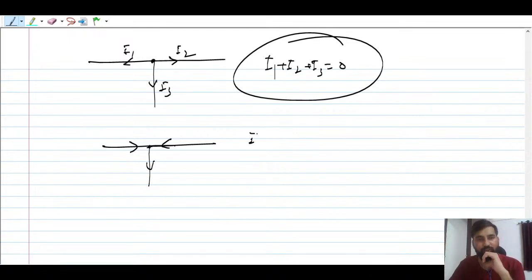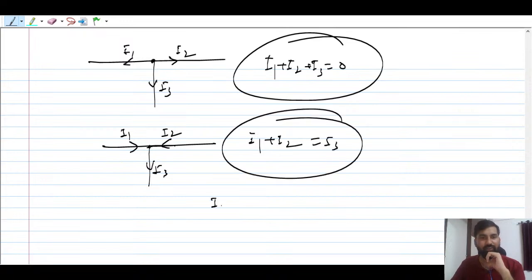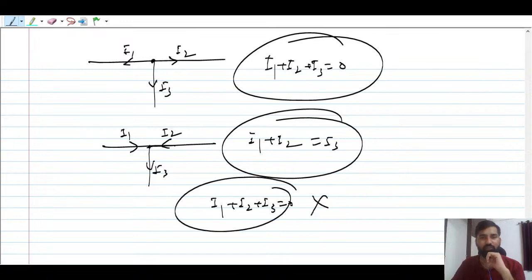Suppose this is I1, this is I2, and this is I3, so it should be written like this. You should never write I1 plus I2 plus I3 in that case. This is wrong. So you always write like this.